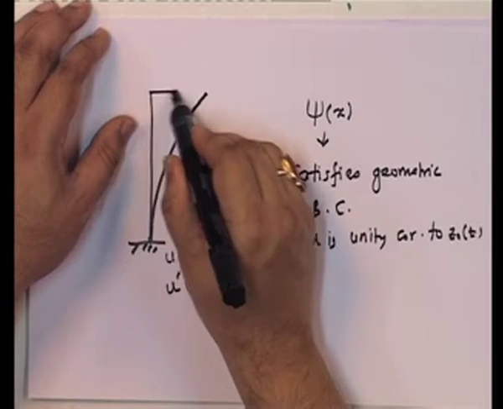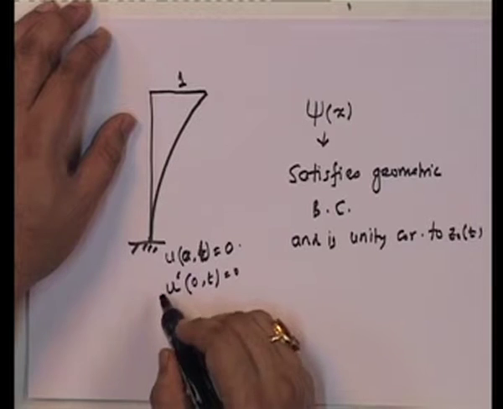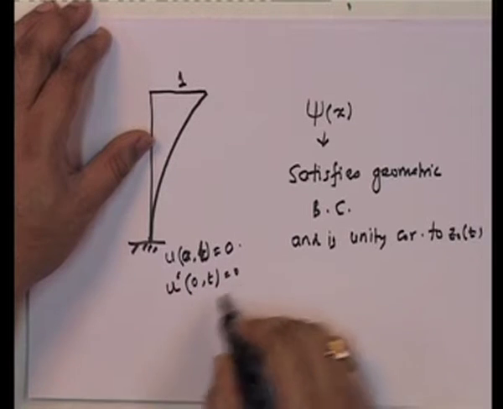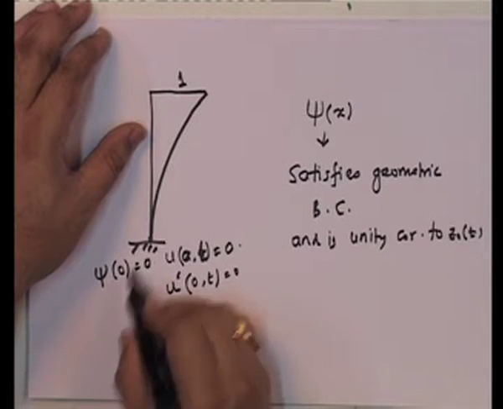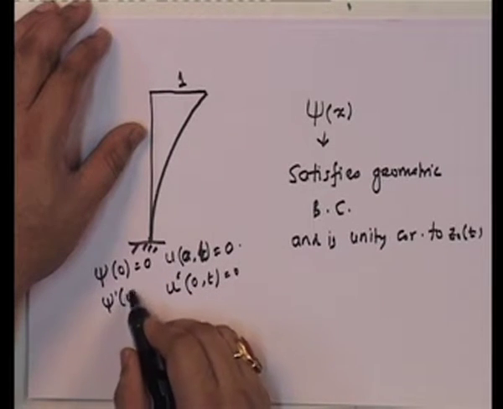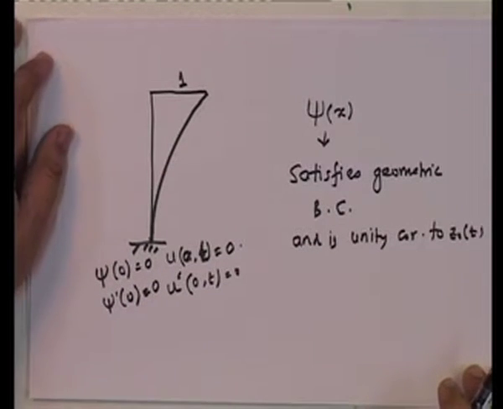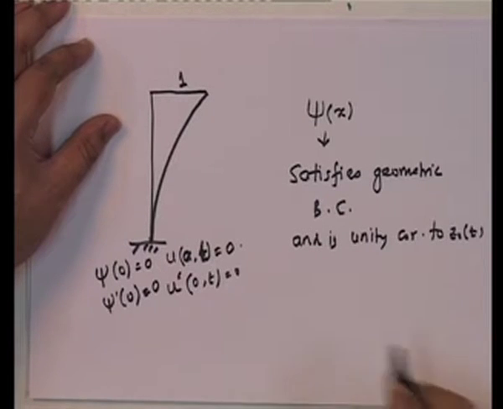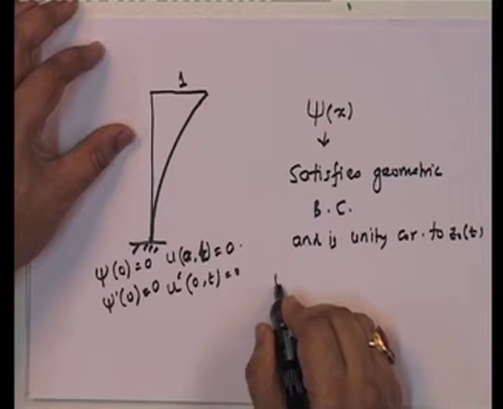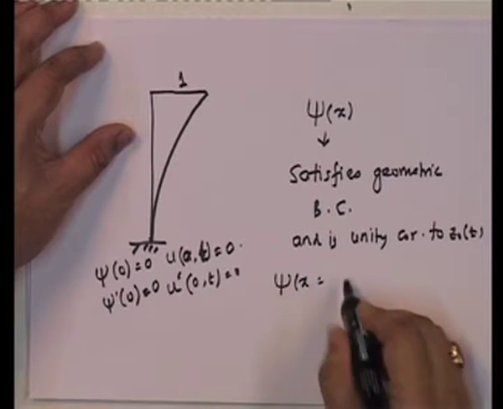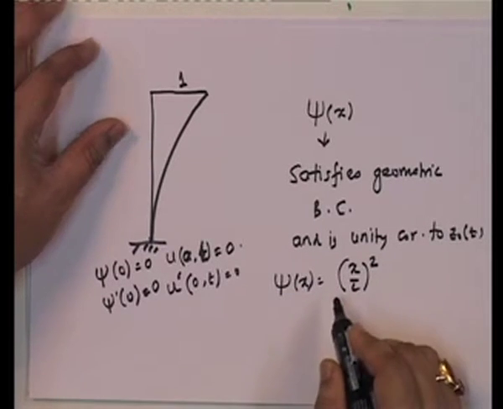So xi(x) is unit here, and has to satisfy xi(0) equal to 0 and xi'(0) equal to 0. These are the only two that it has to satisfy, and if that is the case, then xi(x) equal to x squared by L squared.